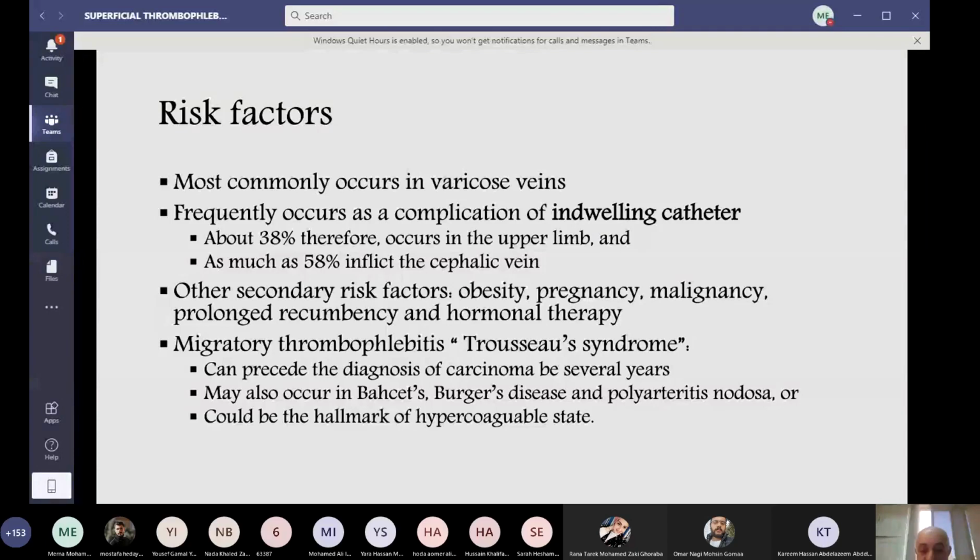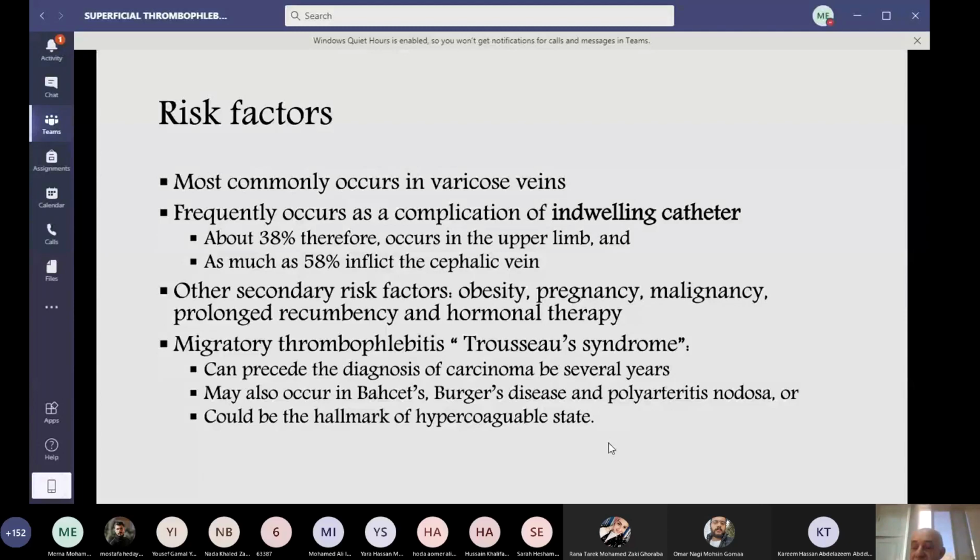Also, Behçet's disease, Buerger's disease and polyarteritis nodosa are autoimmune diseases affecting the vessels in such a way that the body is attacking its own vessels. The ultimate result of this battle will be thrombophlebitis of the superficial veins.